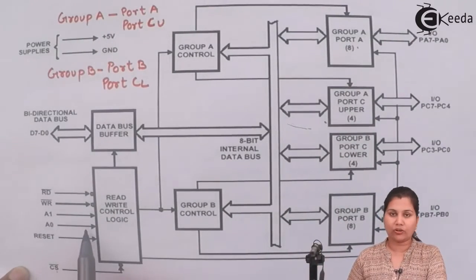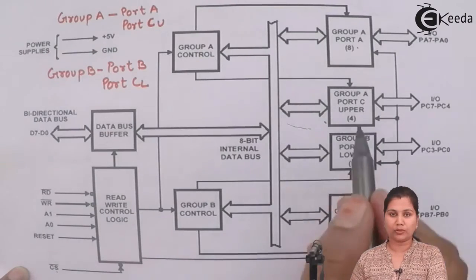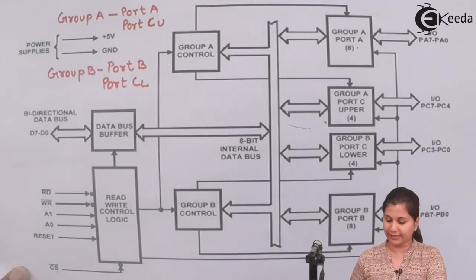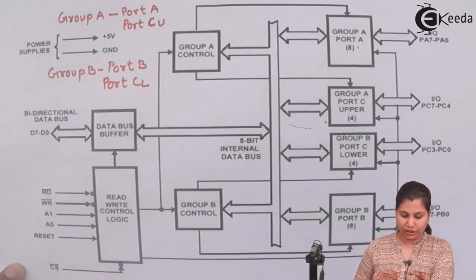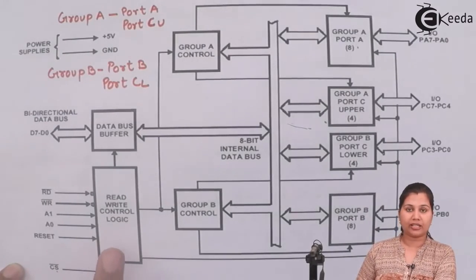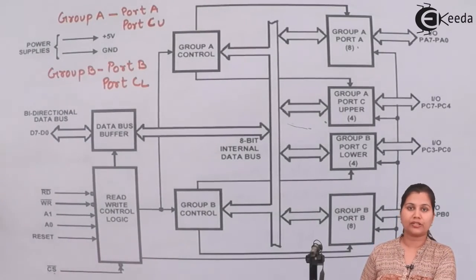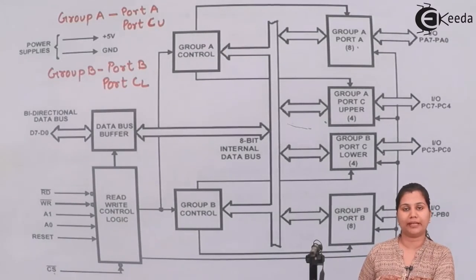Then A1 and A0 are used to select the port, that is, the port addresses are decided by A1 and A0. Reset is used to clear all the ports, and chip select is used to select the chip 8255.